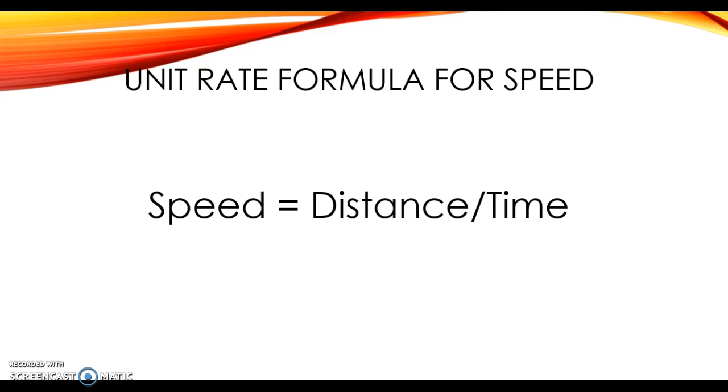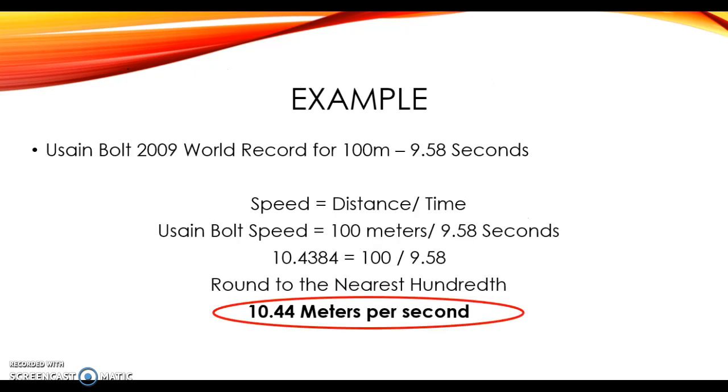So the unit rate formula for speed is speed equals distance divided by time. The example I'm going to use is Usain Bolt's 2009 world record for a 100-meter run.